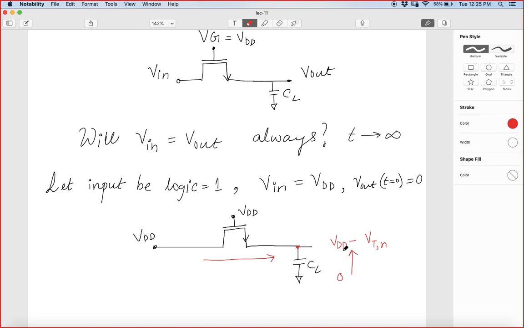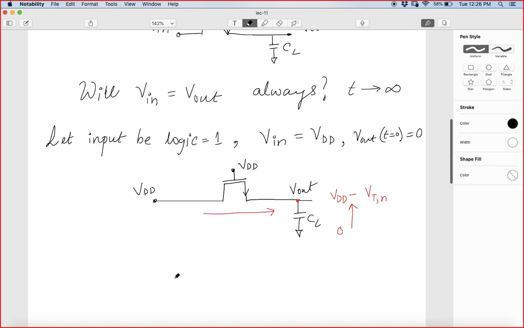So the maximum voltage this V out can reach is only VDD minus VTN, because if it tries to increase beyond this, the MOSFET will go into the cutoff region. So in this situation, V out max is VDD minus VTN.